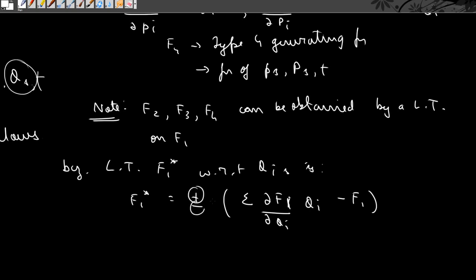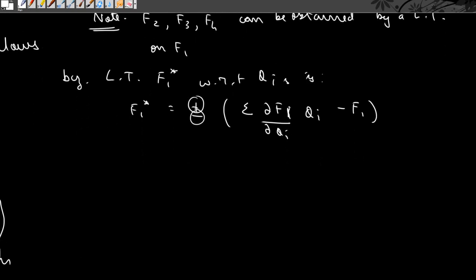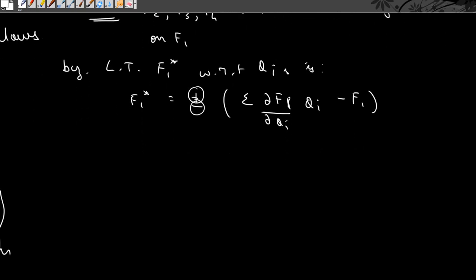Whether you take plus or minus depends on the convention. Both are equally valid and both correspond to the Legendre transformation. The only difference will be the transformed function will have an opposite curvature if this is a negative sign, and the same curvature if it is the positive sign.